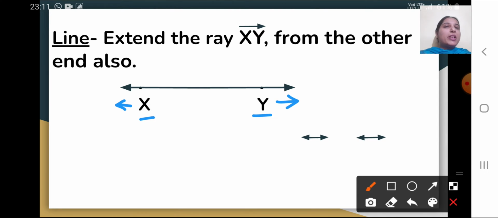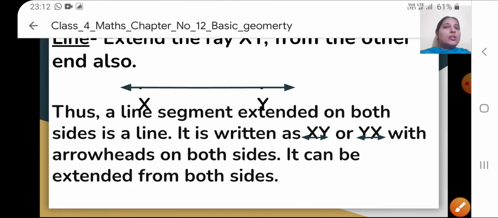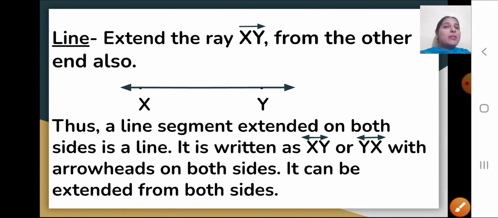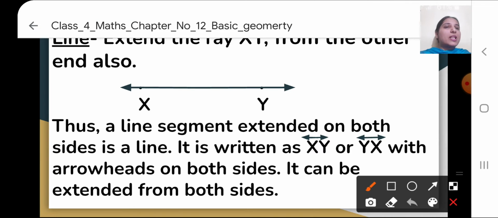So the figure is called line XY or line YX. Thus a line segment extended on both sides is a line, and you can see the arrowheads on both sides.